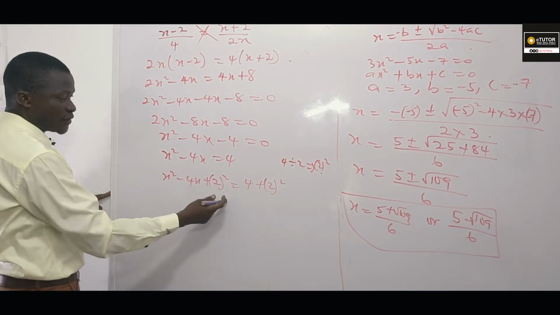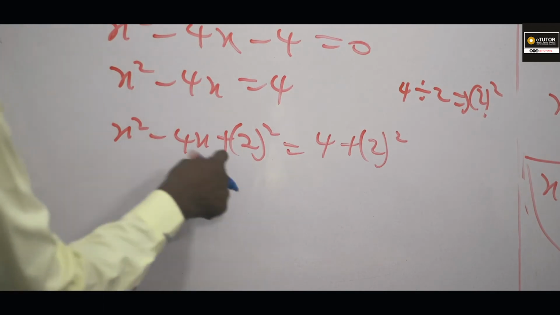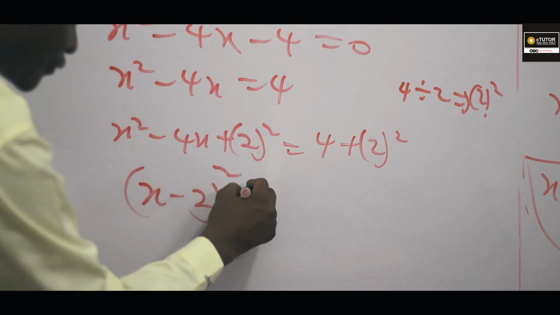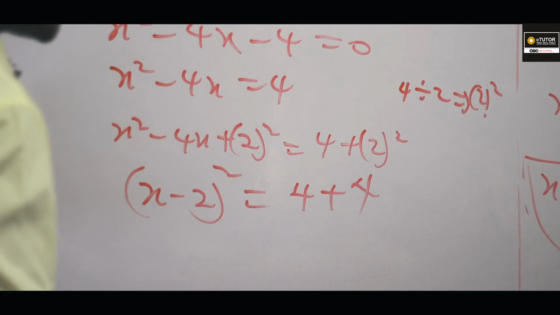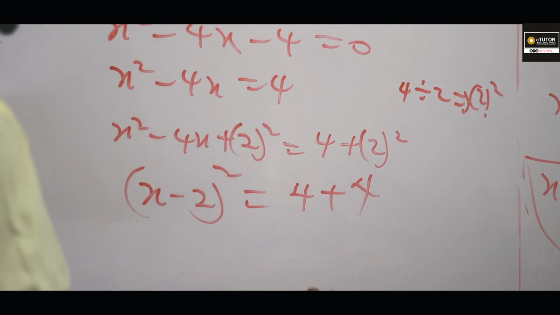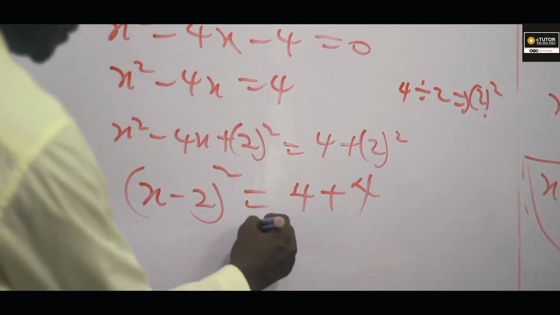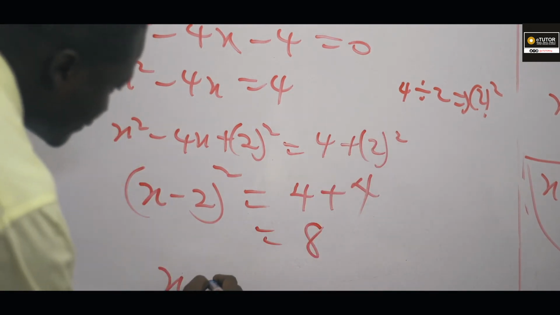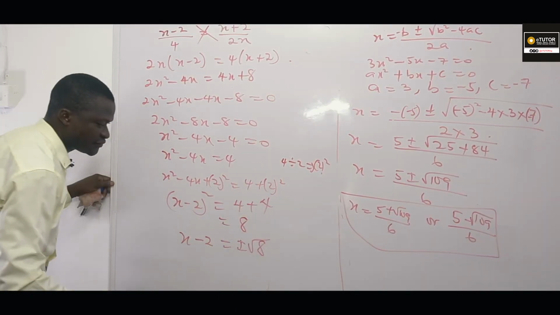Now, to complete the square, you pick this and this as I told you earlier, but the sign that is here will be the sign separating them. x minus 2 squared equals what? 4 plus 4. Of course, I've started applying step 5, which says simplify the right-hand side and solve for x. That is 8. We have x minus 2 equals plus or minus the square root of 8.